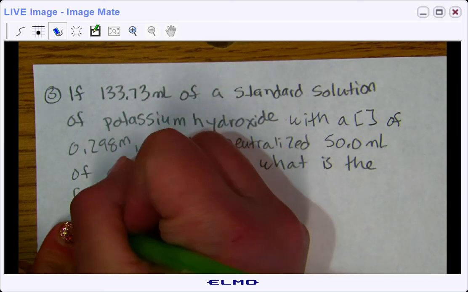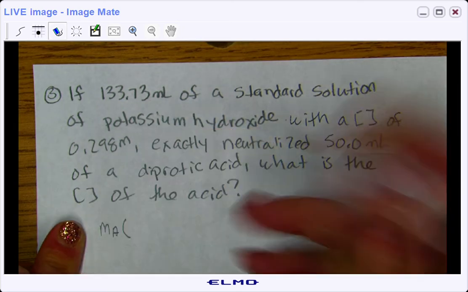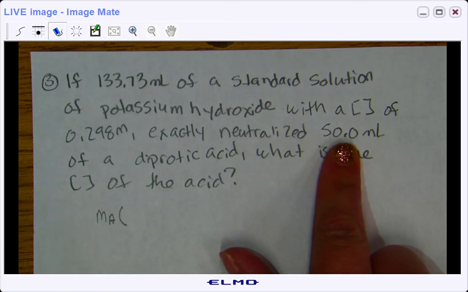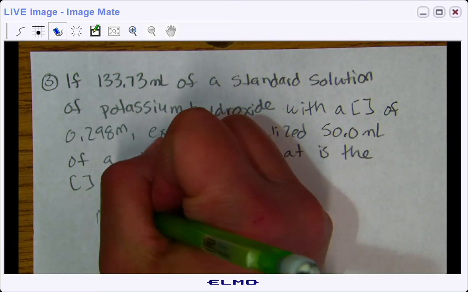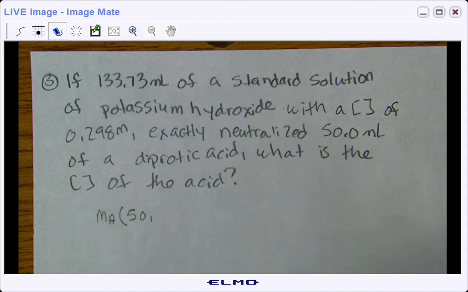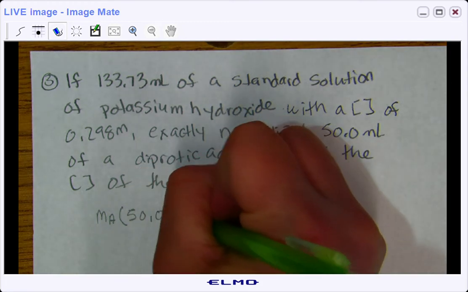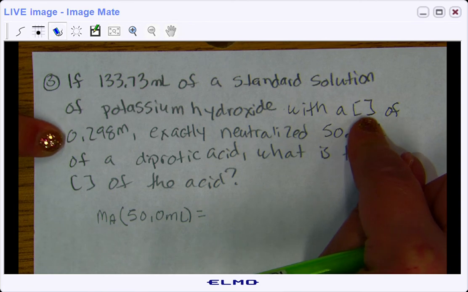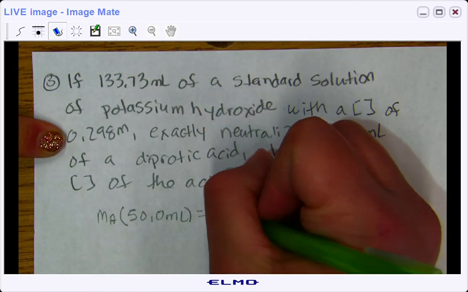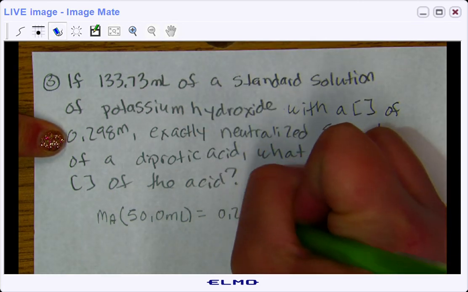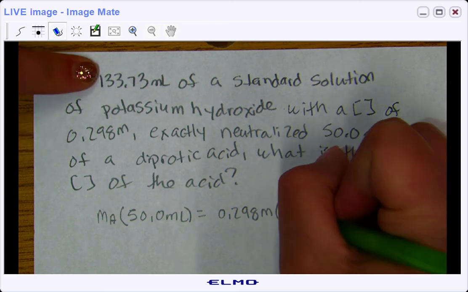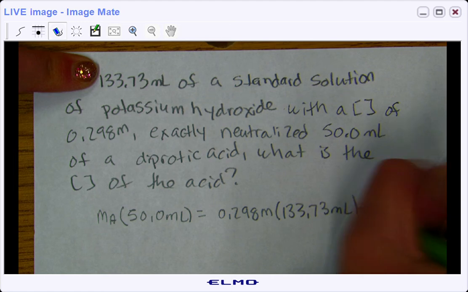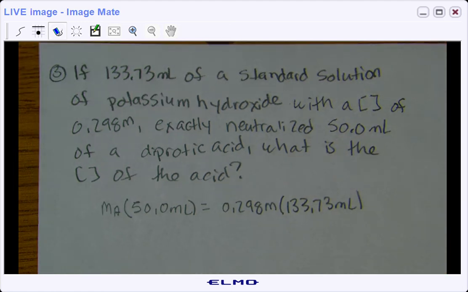So that is my MA. 50 mL of that acid was used. The concentration of my base is 0.298 molar, and the volume is 133.7.